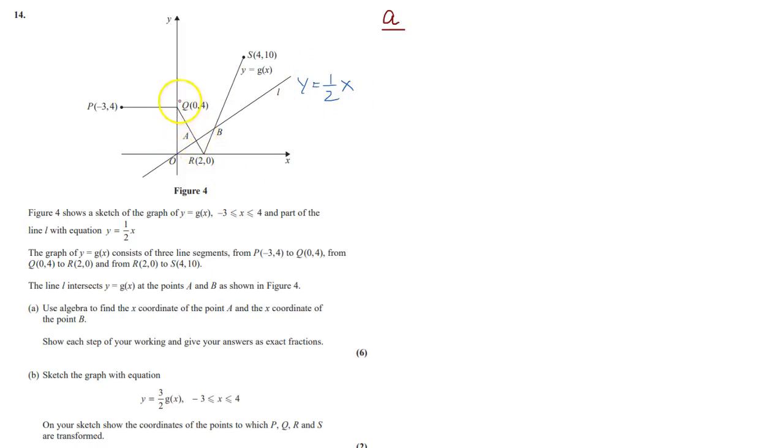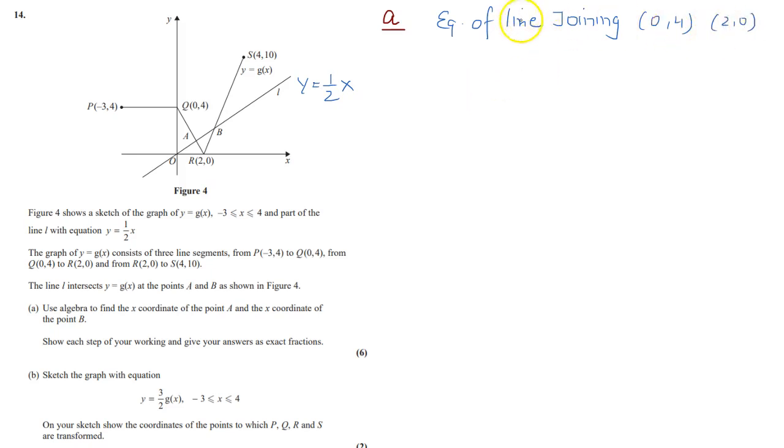First, we have to find the equation of this line, the equation of the line joining two points, that is 0, 4 and 2, 0.